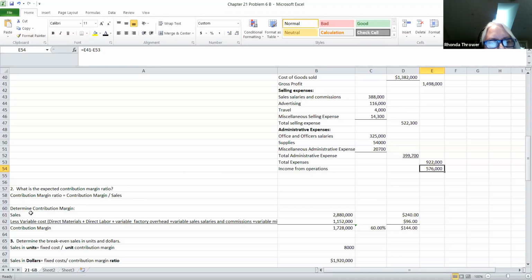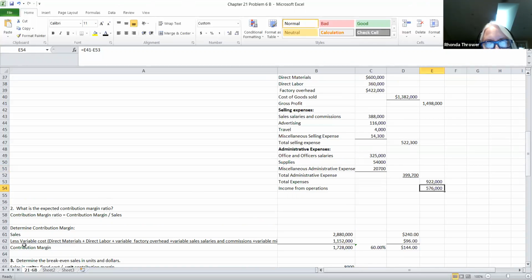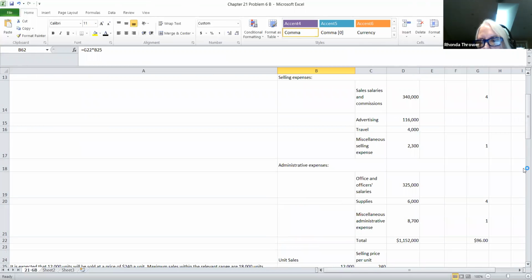So down here, to determine the contribution margin, I've got to take my sales, which I just copied from up here where we figured out what our sales was. And then you're going to take your variable cost. Now, there's a couple of different ways you can get this variable cost, but the easiest way is to go back to where they've given you the total variable cost here of $96.